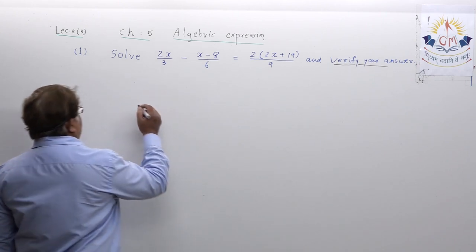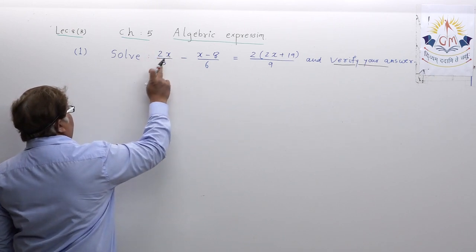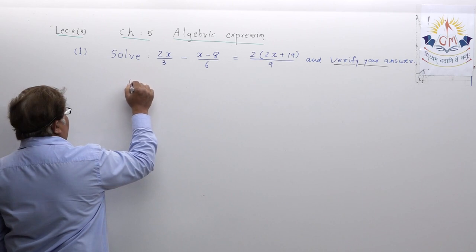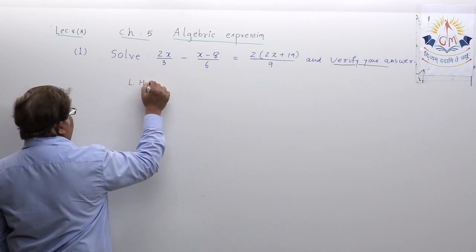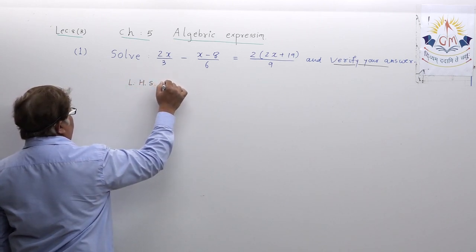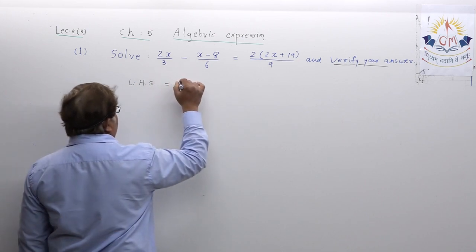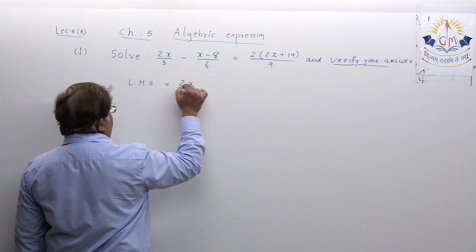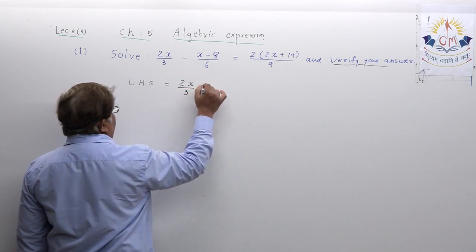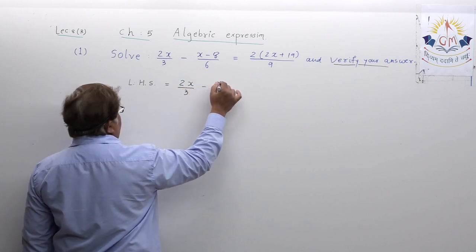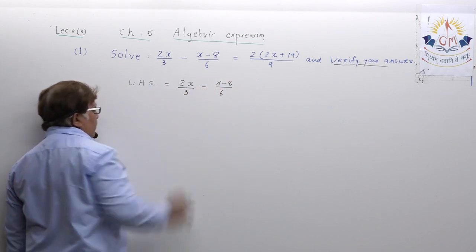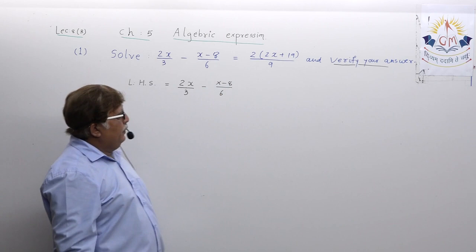Now verification means, first you take the LHS of the equation. Okay. 2x upon 3 minus x minus 8 upon 6.